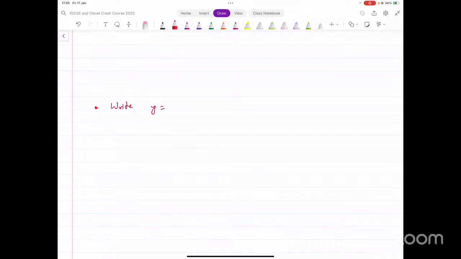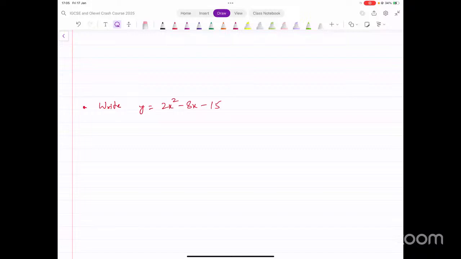y equals 2x squared minus 8x plus 15. Or if you make it minus 15 as well.